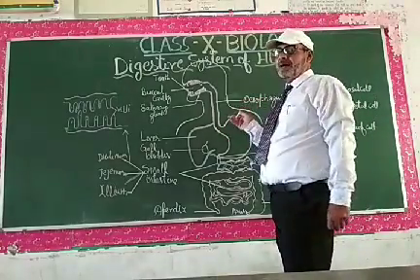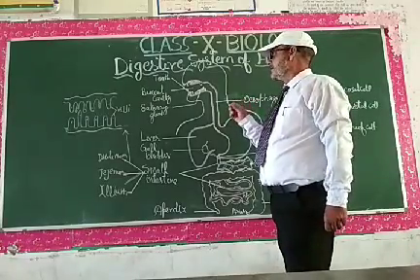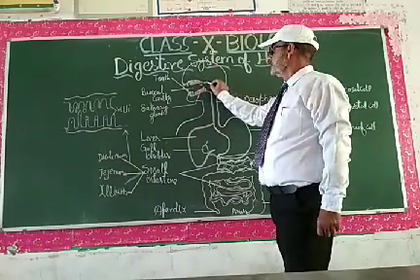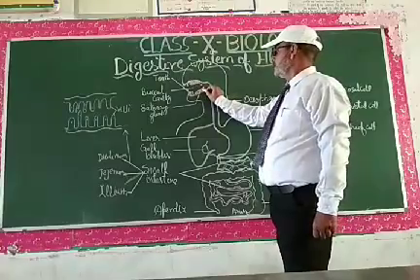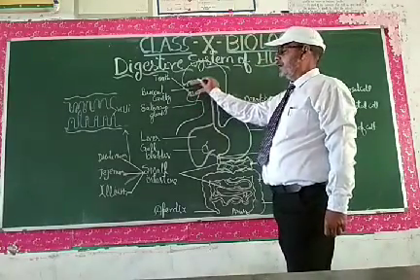Dear students, let us start at the beginning of the digestive system, and the beginning of the digestive system is the buccal cavity. Here in the head portion, you are looking at the buccal cavity. It is also called the mouth cavity.